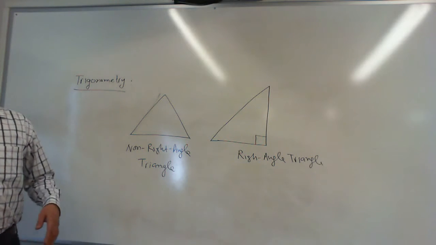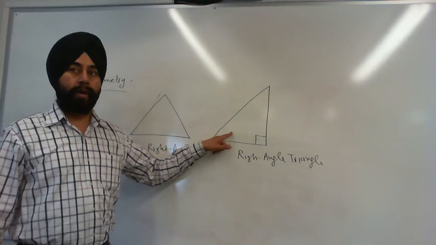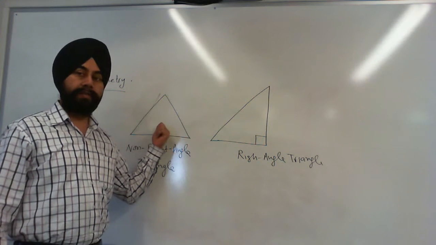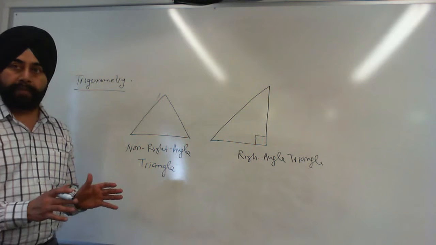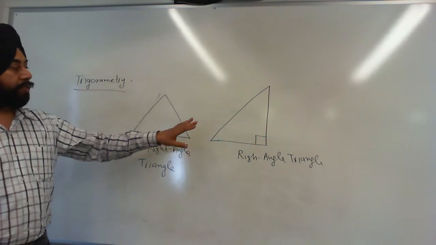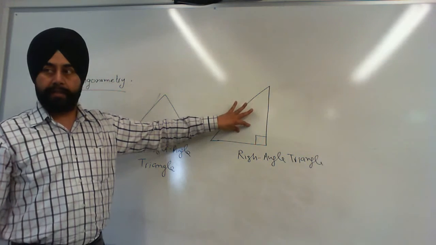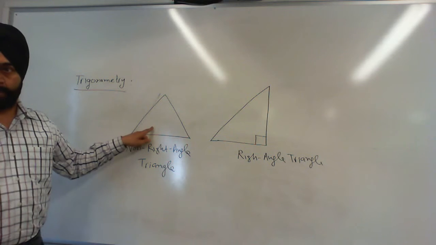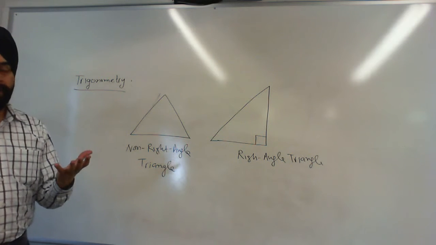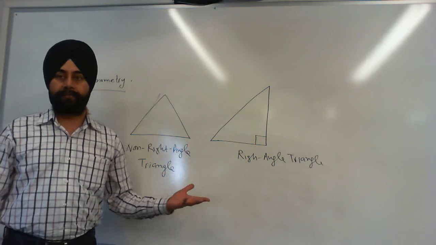The formulas that you can apply to right angle triangles cannot be applied to these triangles. There are some general formulas that you can apply to both of them, but those formulas that are specifically designed for right angle triangles, they cannot be applied to these triangles. So you need to make sure that you know which formula is good for right angle and which is not.